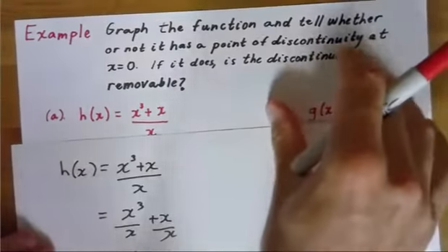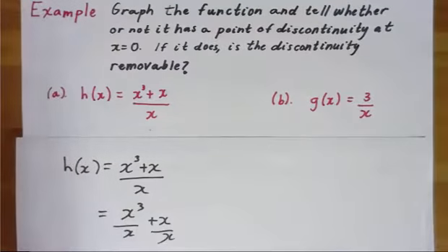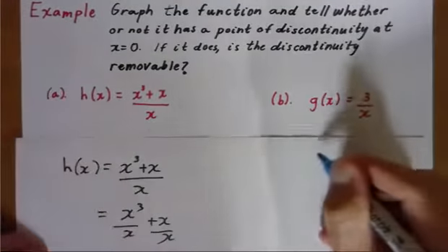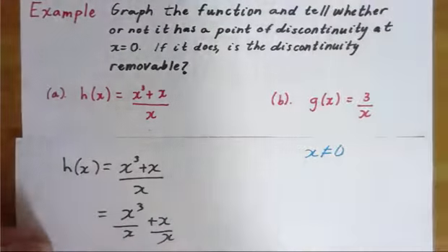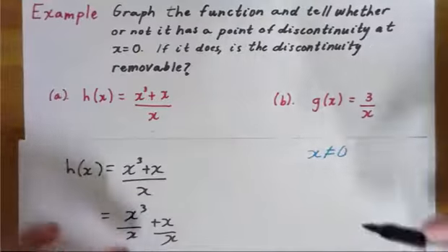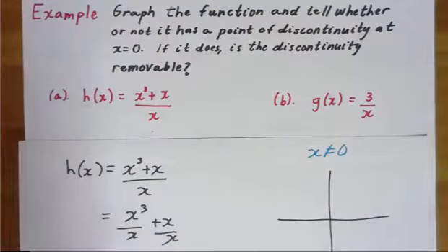Let's look at our second graph, 3 over x. Now I can look at that and say, well, mathematically, I know x can't be 0. Okay, that would make that undefined, 3 over 0. So if I graph this, 0 I can't use.